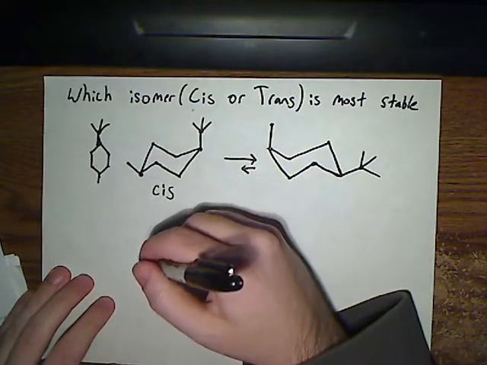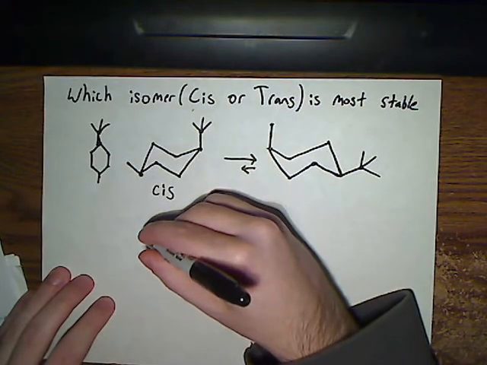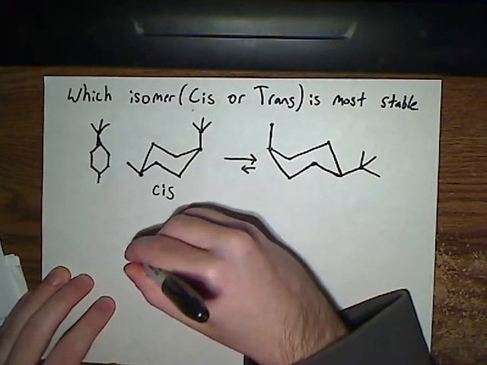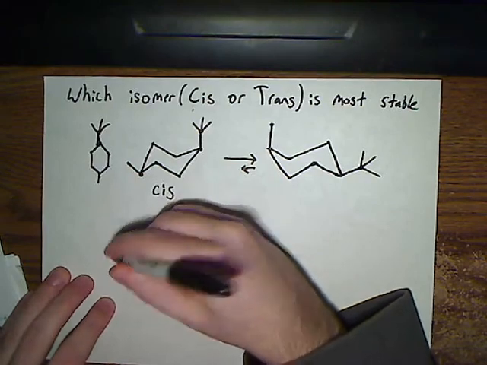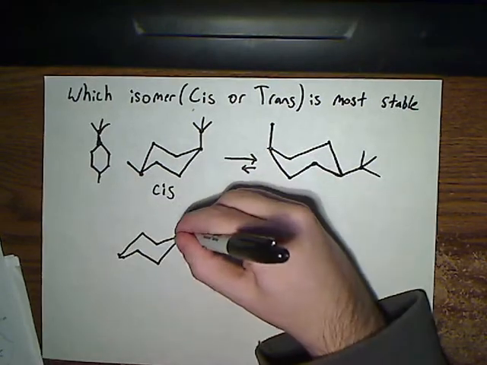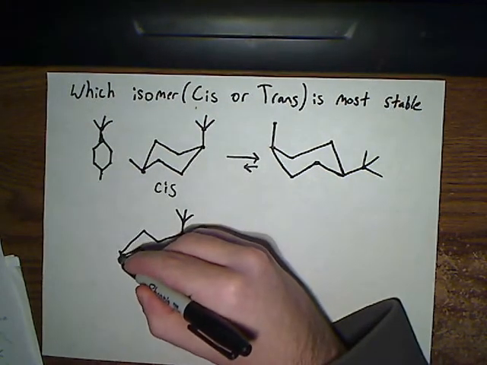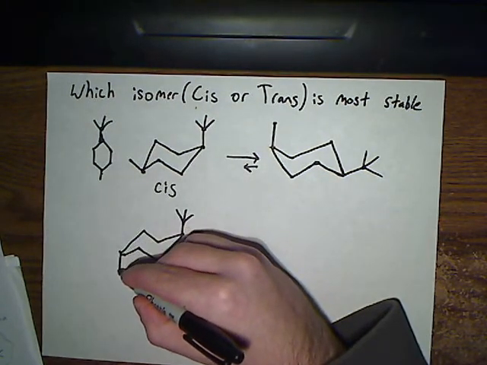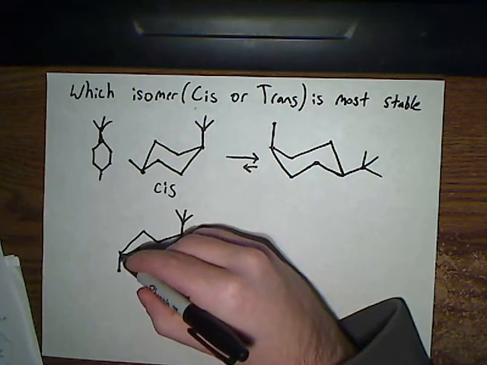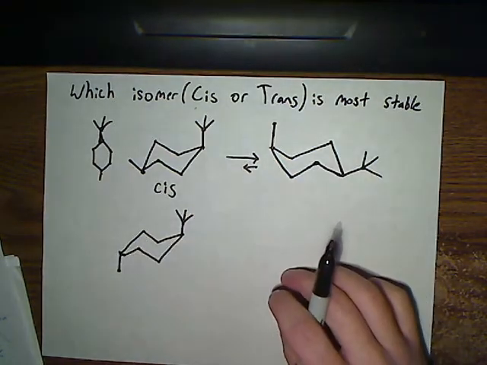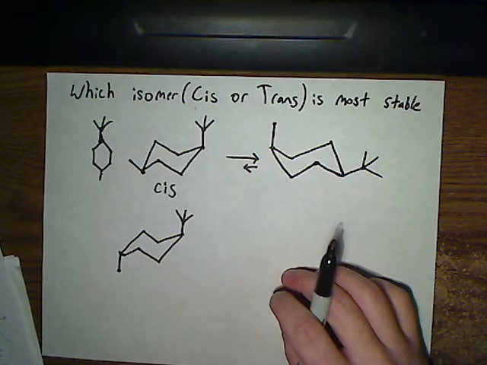And now I'm going to draw the trans conformation. So for the trans, we're going to have tert-butyl in the upward position, except now we're going to have this guy in the downward position because we're trans, and down on this carbon is a downward axial position.